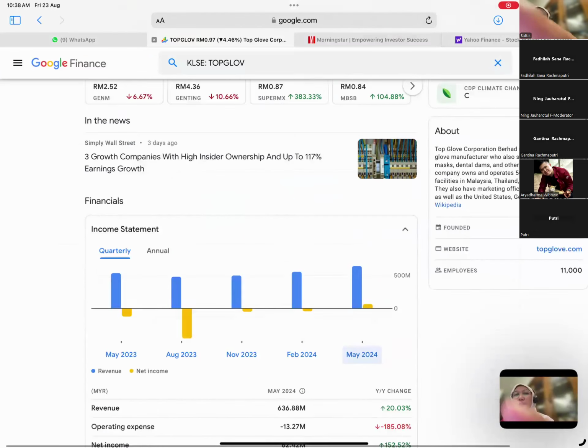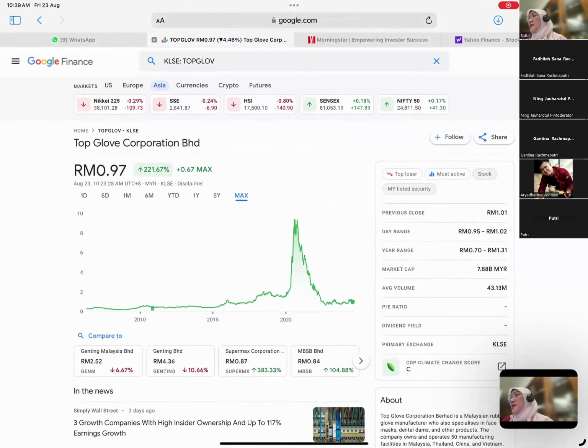If you are familiar with financial management, to measure the performance of the company, we can measure using all the ratios: liquidity ratio, profitability ratio, asset turnover ratio, and also debt ratio.